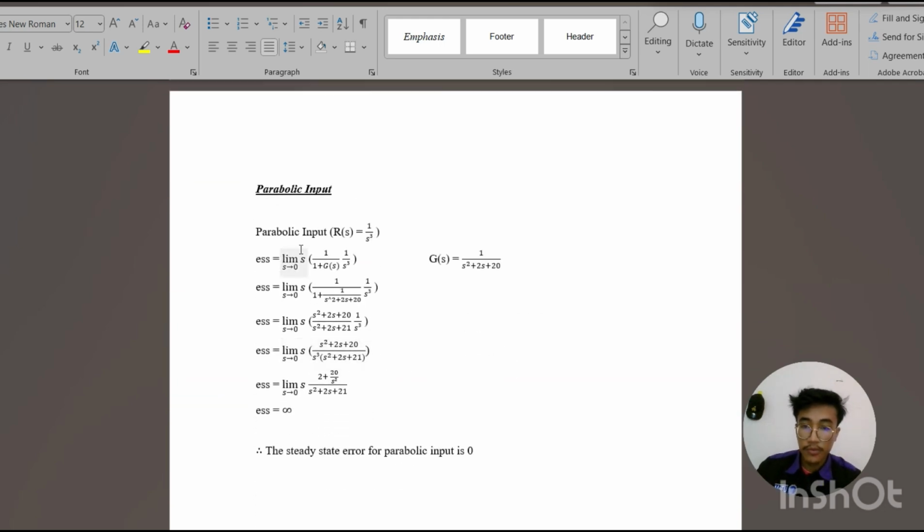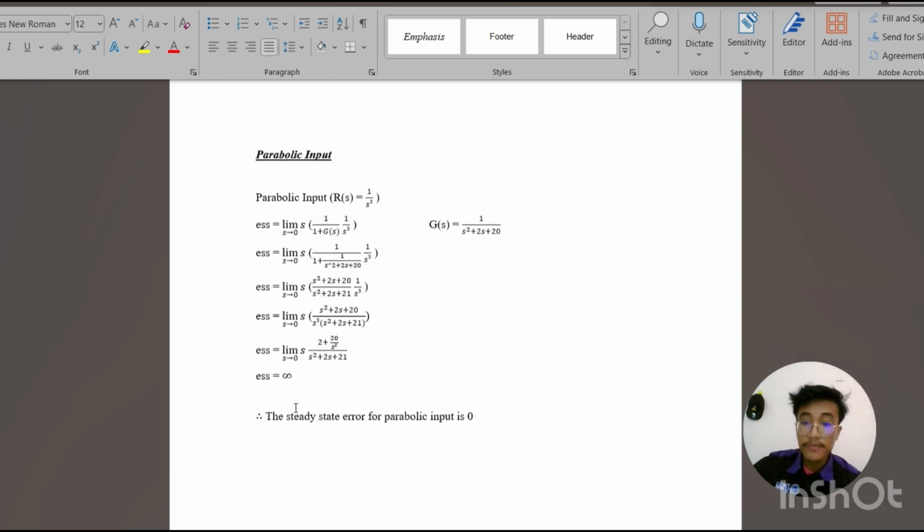For the parabolic input, we use the equation R(s) equal to 1 over s cube. After we insert the value of G(s) and calculate, we get infinity also. So the steady state error for the parabolic input is infinity.